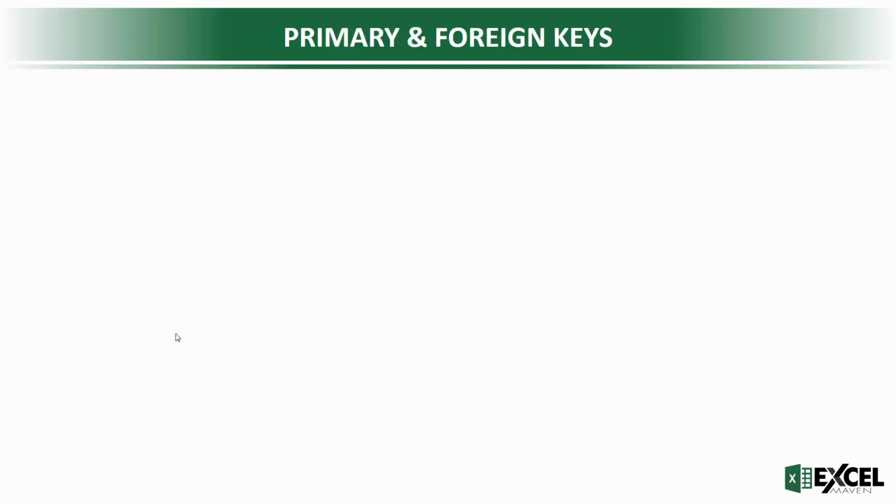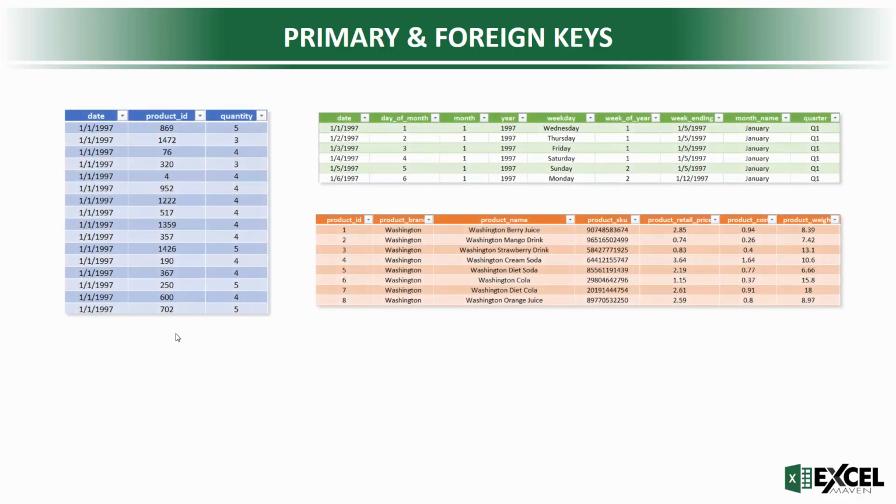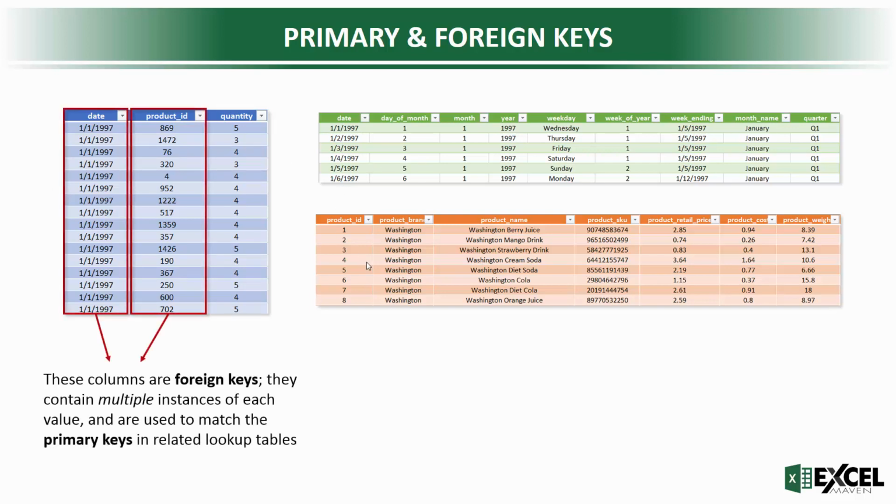Now, continuing on with this concept, let's talk about primary and foreign keys. So with that same example we just looked at, got our blue data table, got our green calendar lookup, and our orange product lookup. The columns in our data table that we used to match to the lookup tables are called foreign keys.